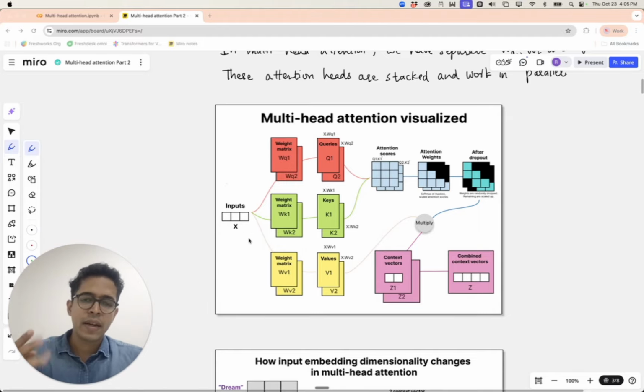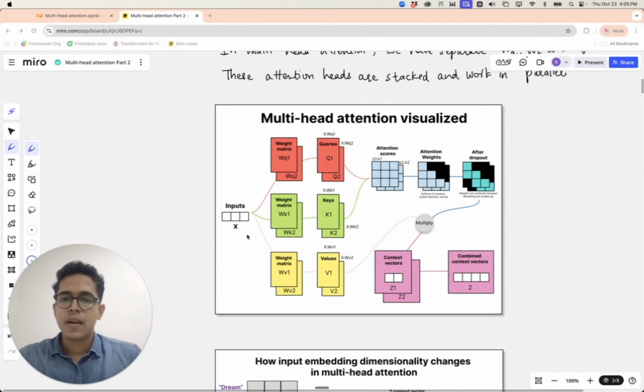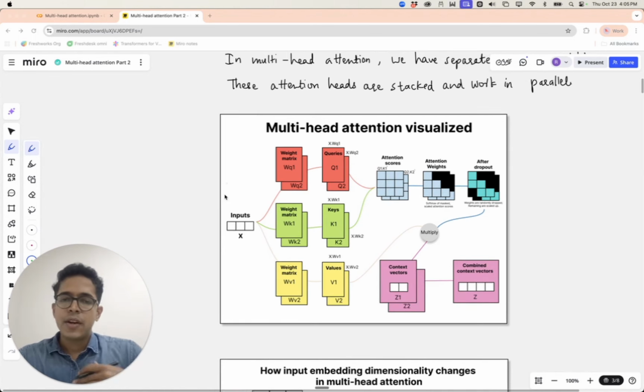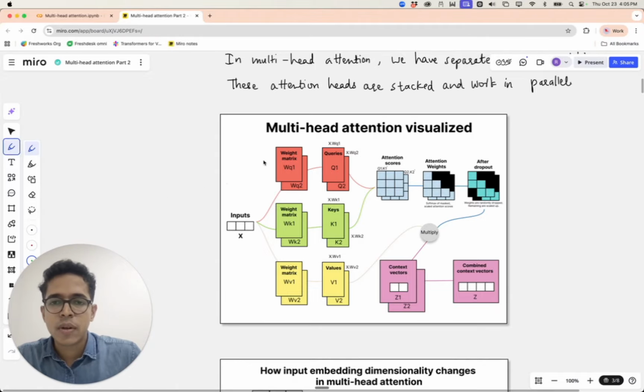These input vectors we need to convert into query, key, value space. How do we do that? Using the query weight matrix, key weight matrix, and value weight matrix.